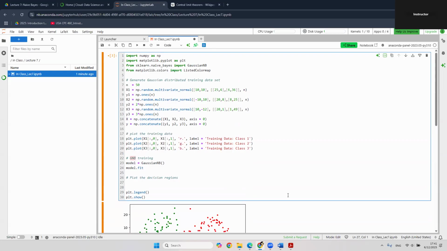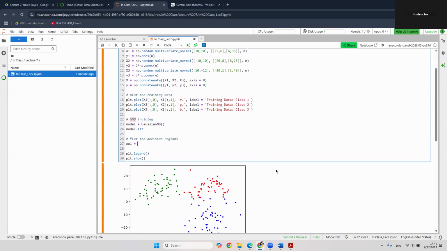Now I'm gonna first generate the mesh grid over the x and y plane with np.linspace. Here I use minus and plus five.